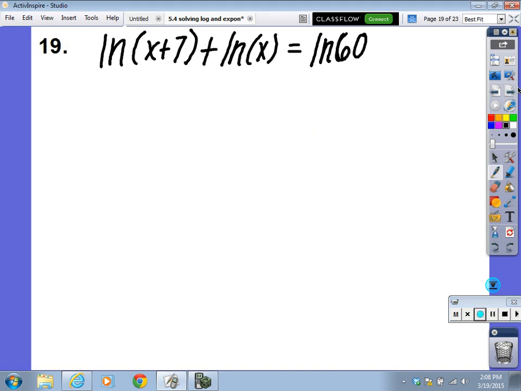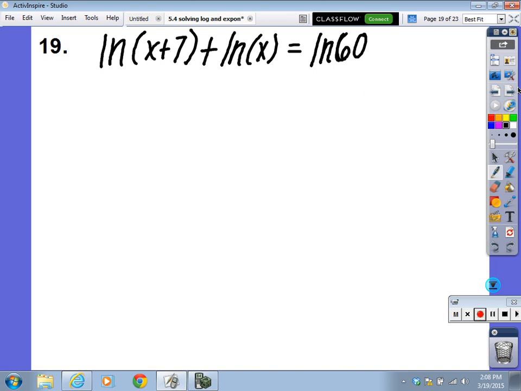So now, same thing though, it's nothing new, but now notice, this time we're going to be dealing with ln's and we're going to solve ln equations. So it's just like logs, properties of logs, same thing, and then to undo ln, we take the e. So quickly, I'm going to combine this into one ln. That's the most important thing, is you have one ln on both sides of the equation.